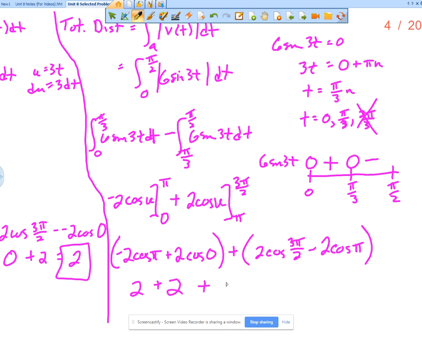Cosine of 3 pi over 2 is 0, so plus 0, minus 2 times cosine of pi, which becomes plus 2. So 2 plus 2 plus 0 plus 2, so 6. Each piece individually has to be positive because we took the absolute value. So I get 6.